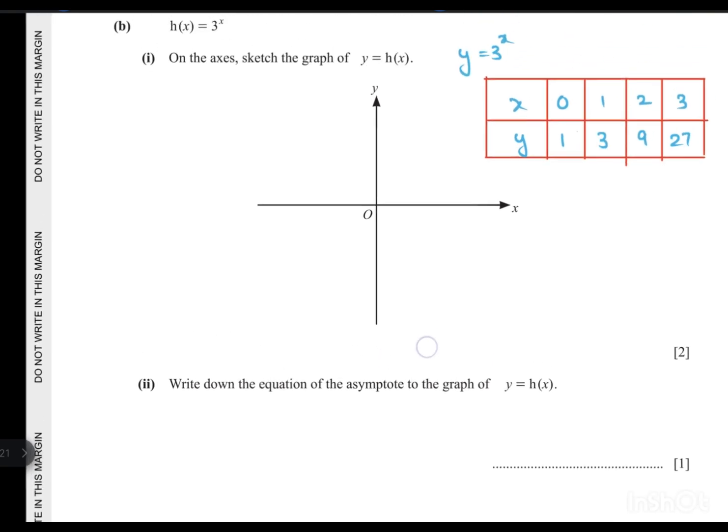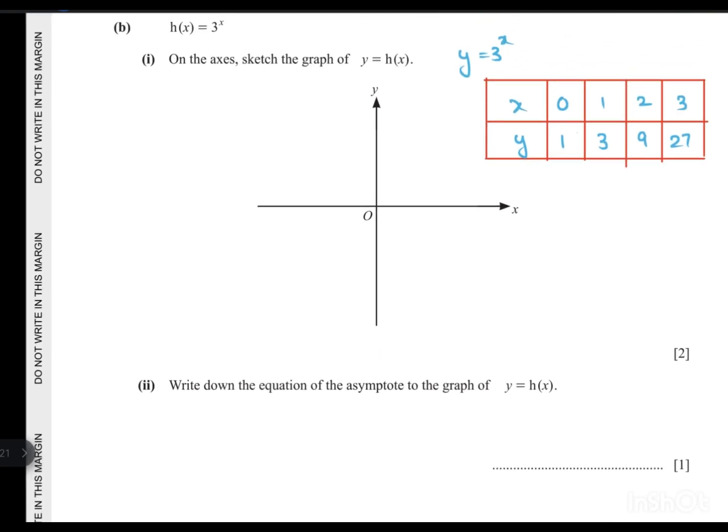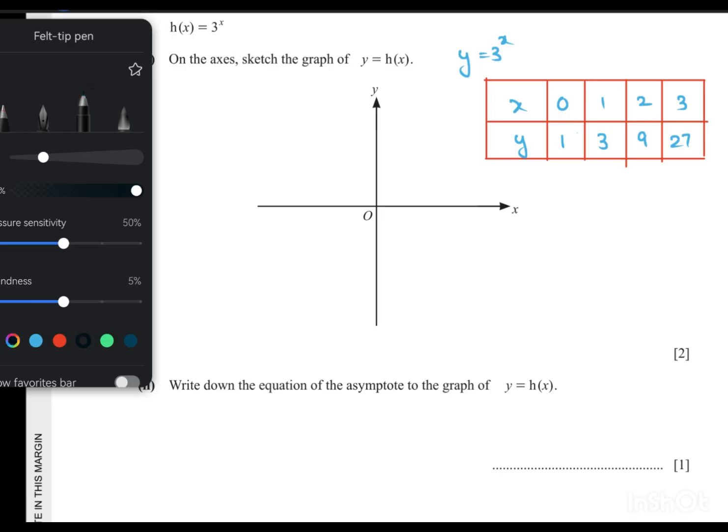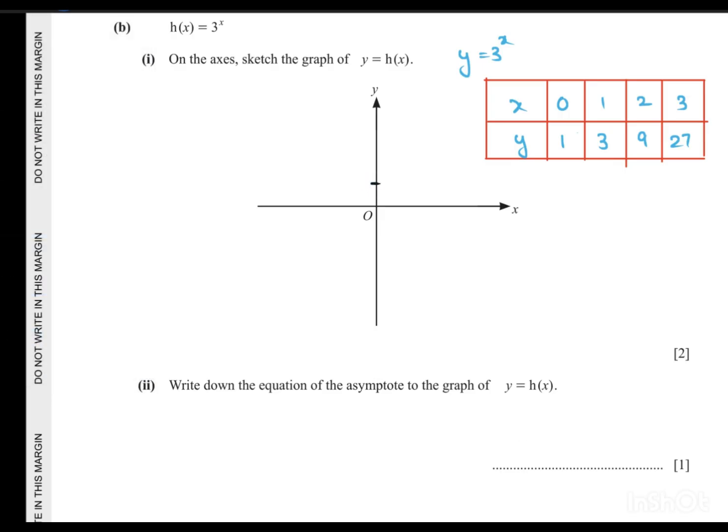Let me mark the points here: 1, 2, 3, and minus 1, minus 2, minus 3.